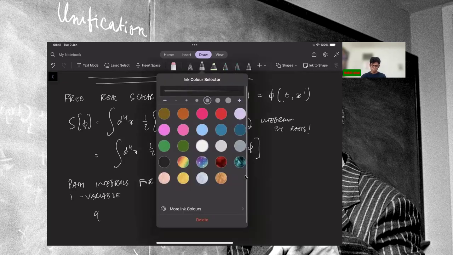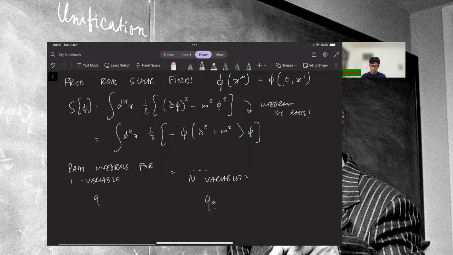Okay, so now let's imagine that we have this A index, and let's take A to run over all the points in space. So A is an index that runs over some discretization of the points in space.